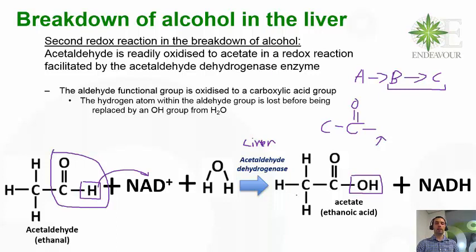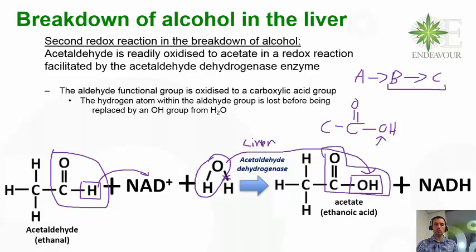Where do you think this OH might come from? Well, it comes from part of a water molecule. The OH will split apart from this hydrogen and become part of the functional group here. In this way, the oxidation and loss of that hydrogen from the aldehyde functional group allows us to create a new functional group by the carbon accepting the OH group, creating a carboxylic acid functional group, which we can see here.